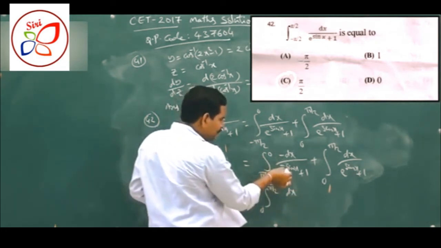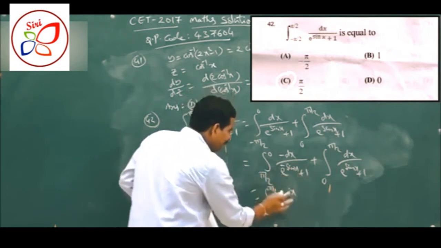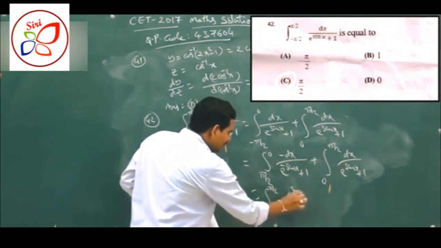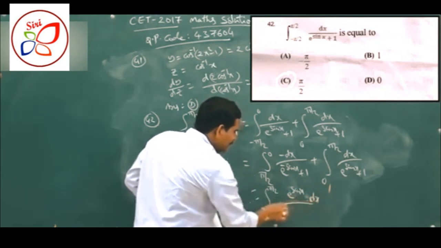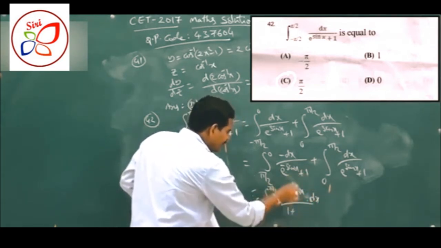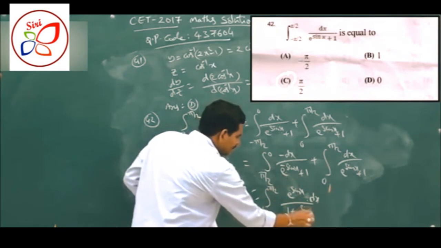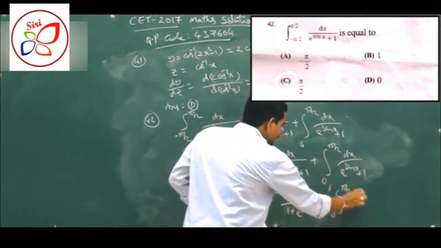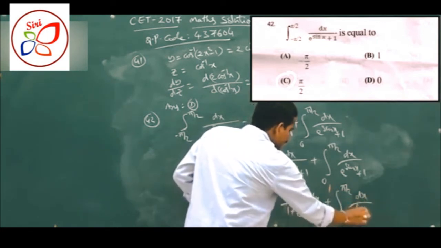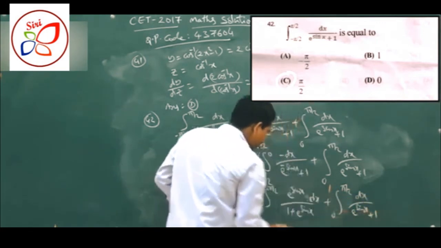This value is 1 by e power sin x. Take LCM, so that the numerator becomes e power sin x into dx by 1 plus e power sin x after LCM, plus integral 0 to pi by 2 dx by e power sin x plus 1.